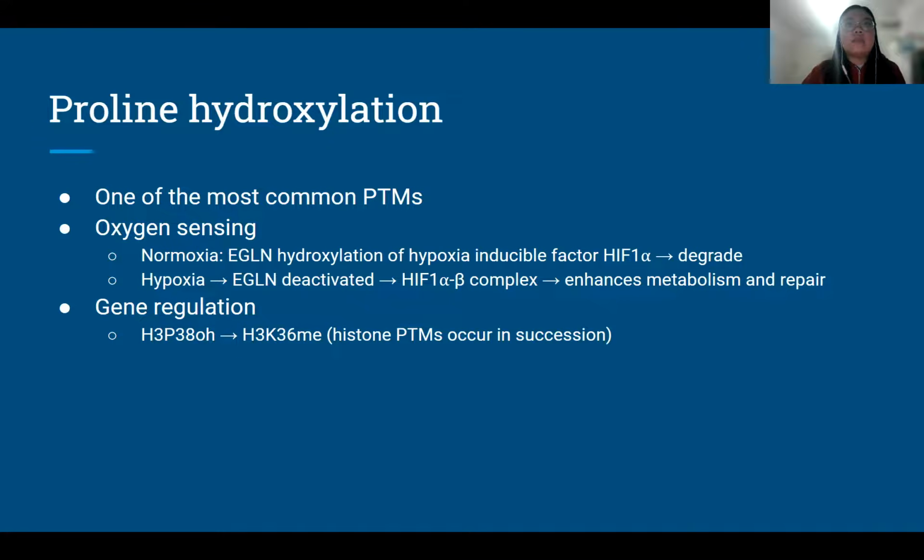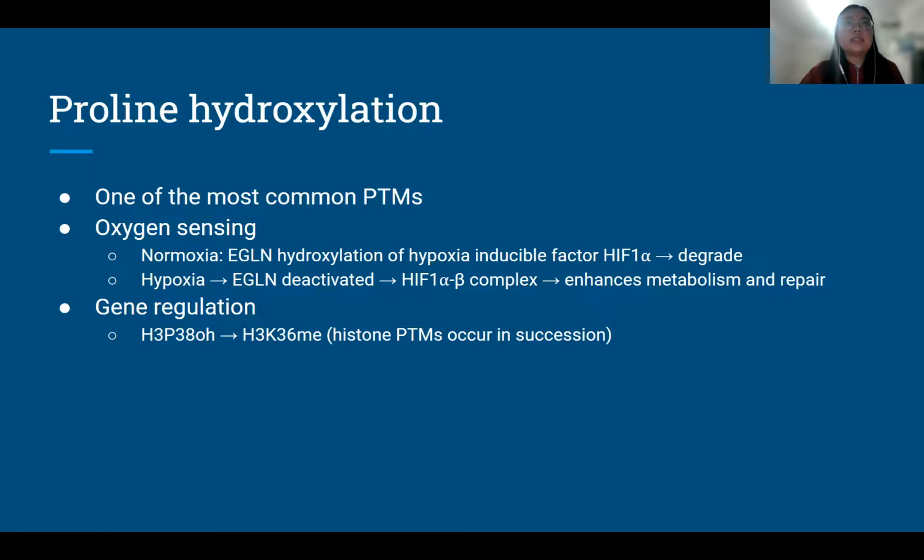Then HIF1 alpha will not be degraded, and this stable alpha protein will bind to the beta protein, and this complex will promote a series of enhanced metabolism and repair mechanisms in the cell, which helps cells adapt to hypoxic conditions.